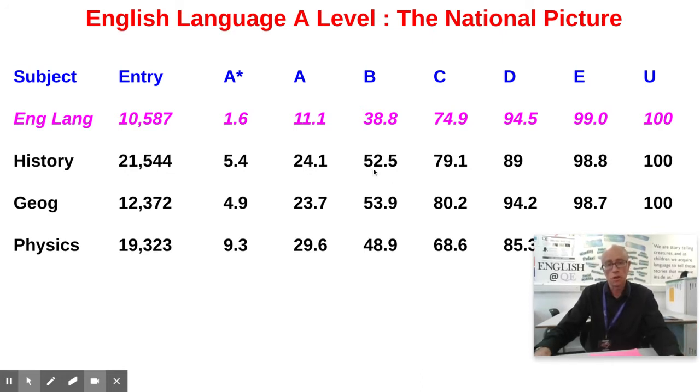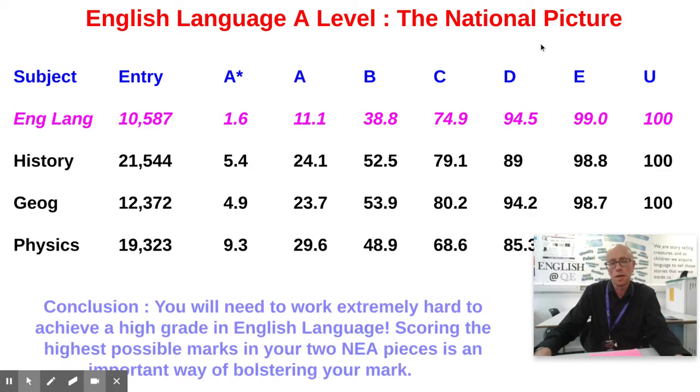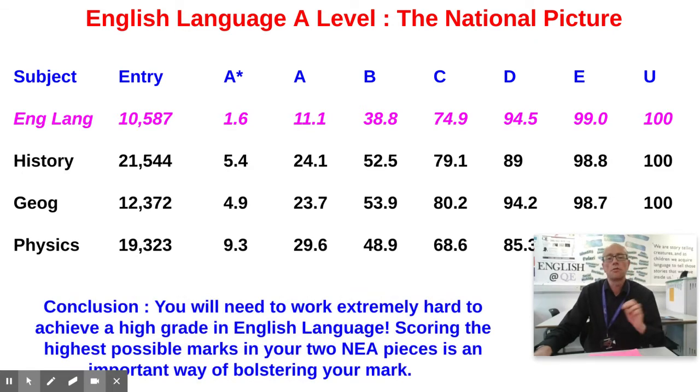And in terms of the top grade, 52.5% were awarded an A or an A star or a B in history, compared with the English language 38.8%. Okay, so the bottom line on this is the powers that be do not like to award to English language students very high top grades. So you're going to have to work incredibly hard in order to achieve a high grade in English language.